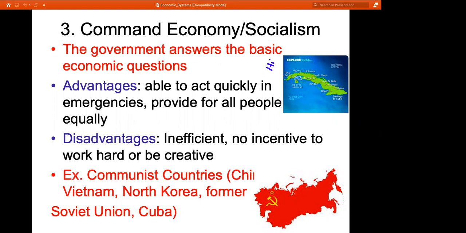Through the Marxist economy, the proponents of command economy or socialism come up. The government answers the basic economic questions. Advantages: able to act quickly in emergencies, provide for all people. Disadvantages: inefficient, no incentive to work hard or be creative.